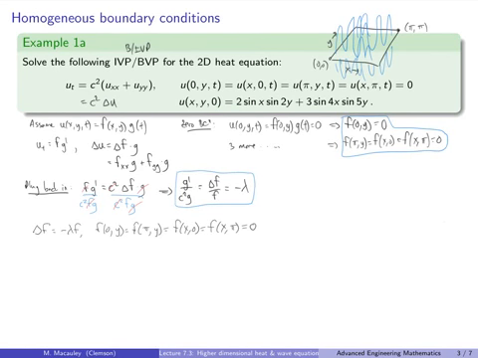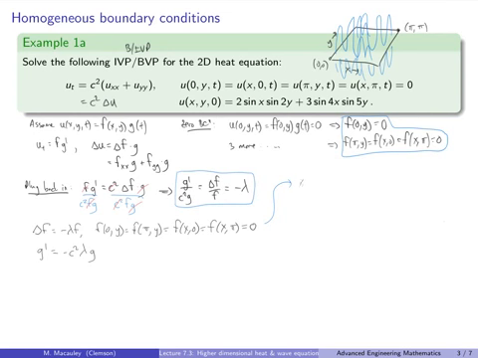Next, we get the same old equation in g. So we get g prime equals negative c squared lambda g. We know how to solve the first equation. Let me do it up here, just in case we run out of room.